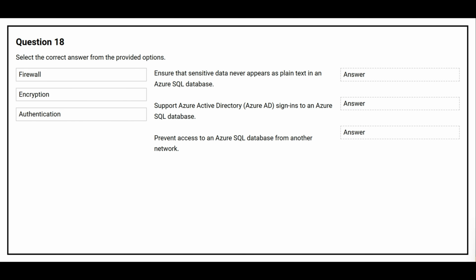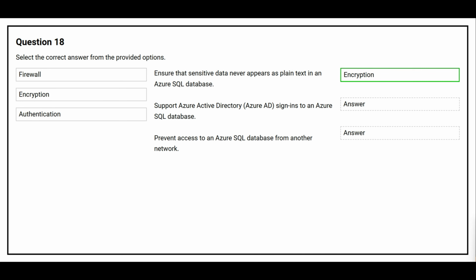Question number 18. Select the correct answer from the provided options. The first question is, ensure that sensitive data never appears as plain text in an Azure SQL database. The correct answer is encryption.